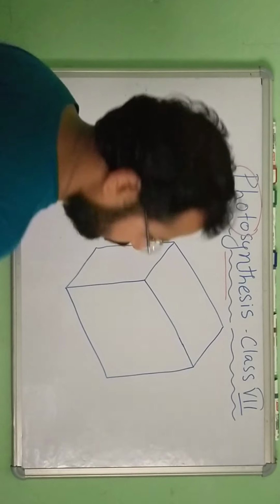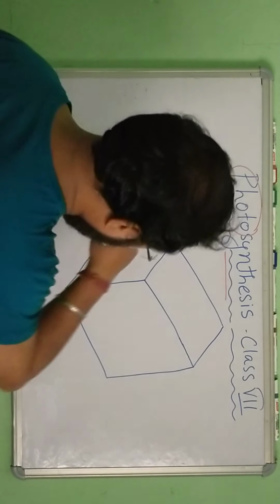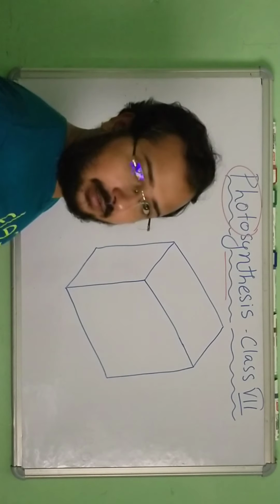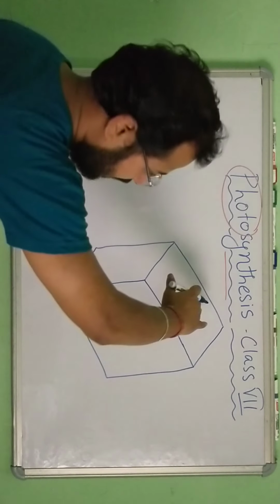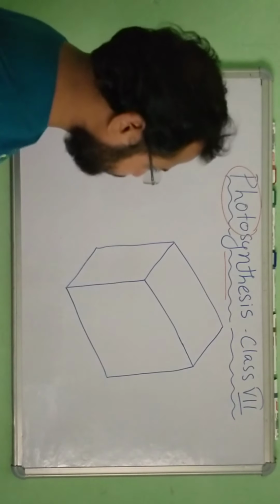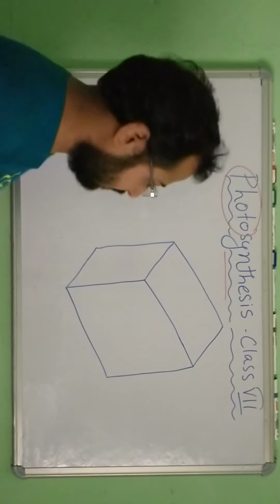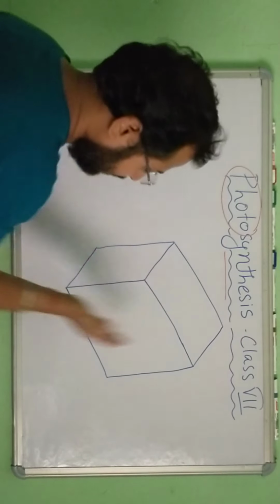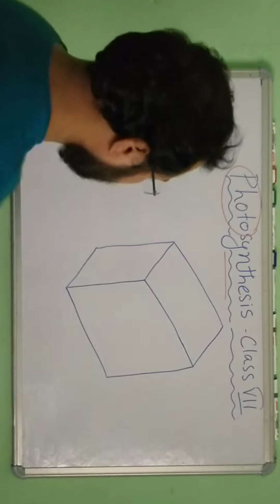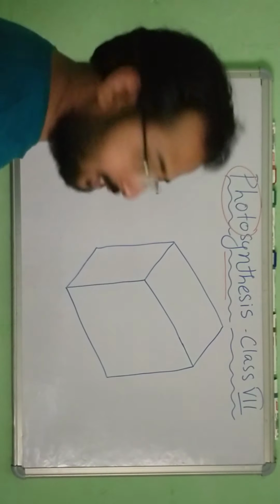This is a section of a leaf. Now 1, 2, 3 sides we can see here. This is the upper surface of the leaf, this is the lower surface of the leaf. I have drawn this in this way so that it can be easier for you to understand. This is one side, this is another side. So 3 sides are actually clearly visible from this angle.